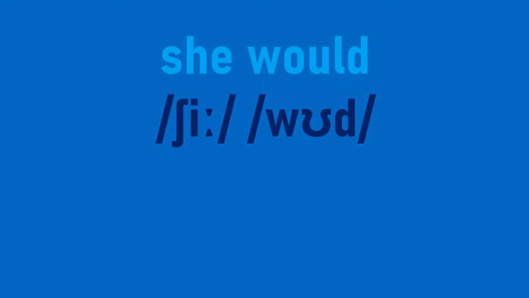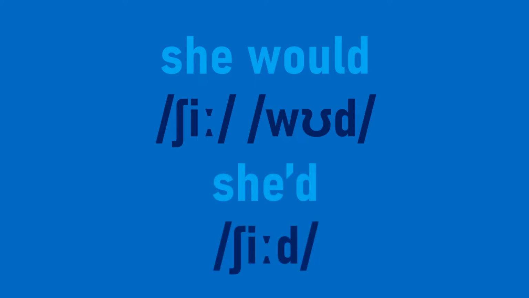So thinking about this contracted form then, when it represents she would. So first of all, we'll think about pronunciation. So as you can see here, we've got she, and then would. However, when we contract to form she'd, we lose the w and the l and we're left with she and then that little d at the end.